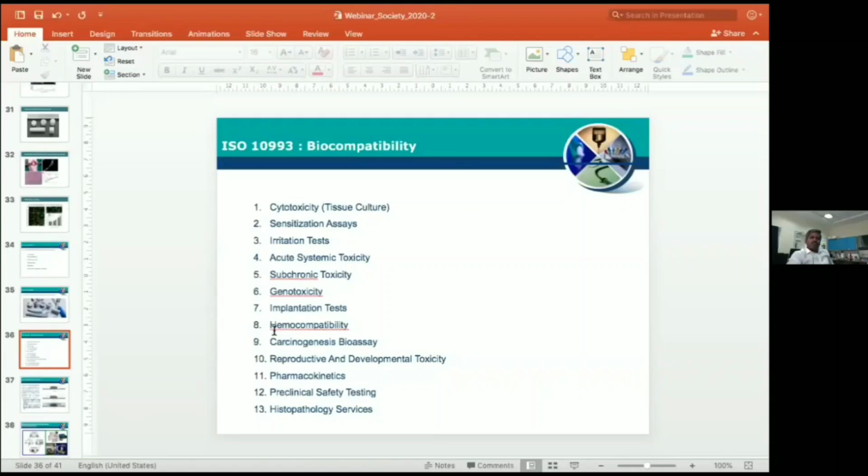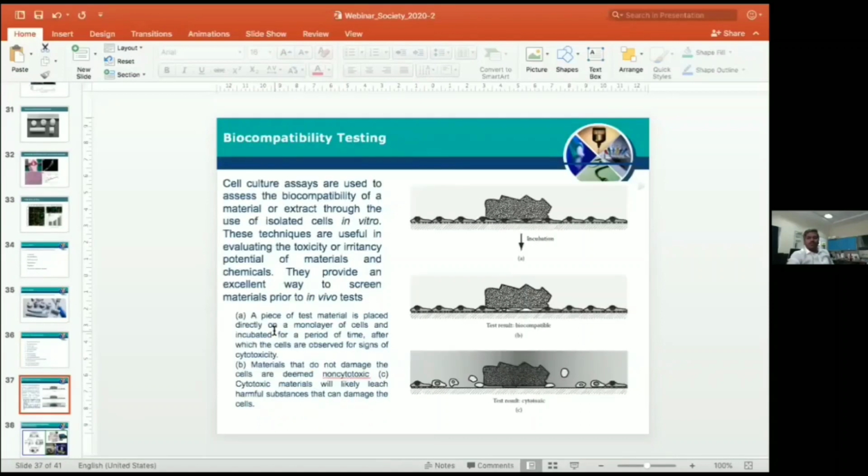So I would like to explain how we check biocompatibility. This may be very simple, for only undergraduate students, so I just want to give some brief information. For example, with scaffolds, once we grow the cells, we place the scaffolds on top of the cells and incubate for some time, usually from 24 hours up to 96 hours, or 5 days, and check whether the cells are growing on the scaffolds or not.